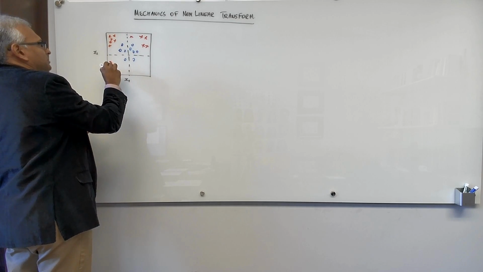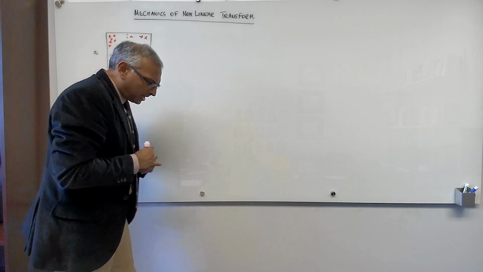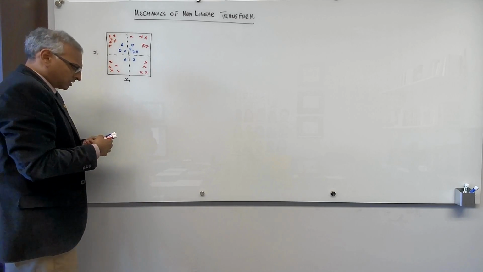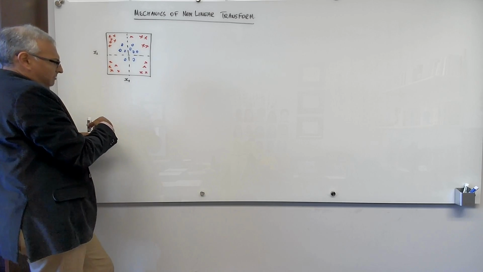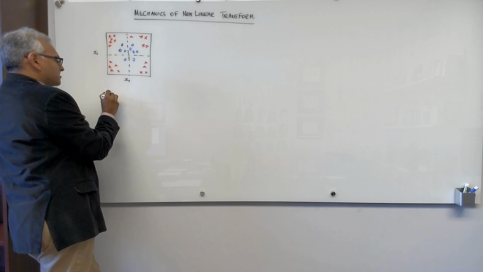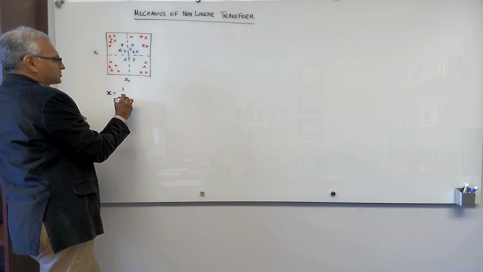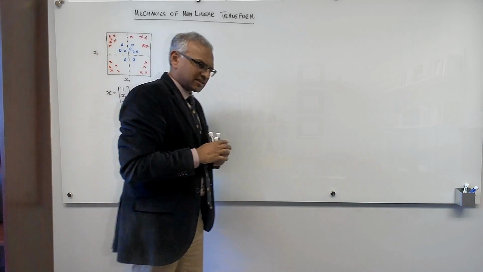Maybe something like that. So you can think about this as x1, x2, and my augmented feature x is 1, x1, x2. So that's the standard setup.